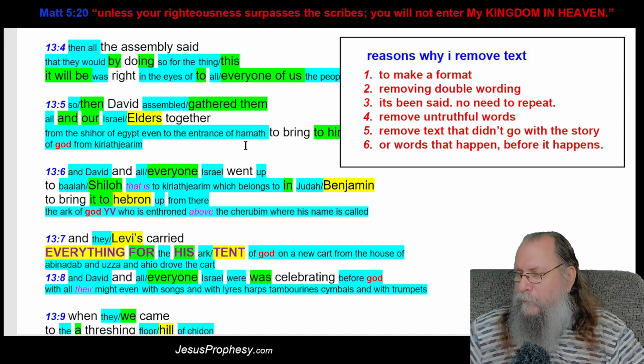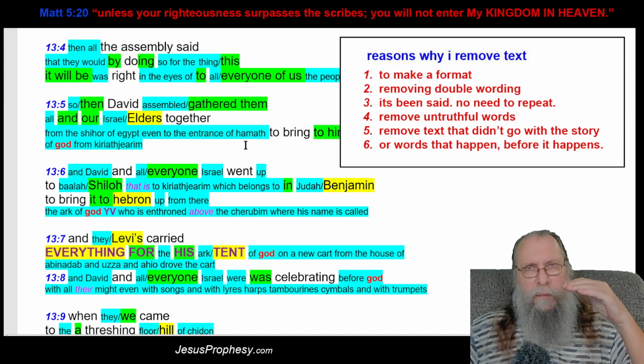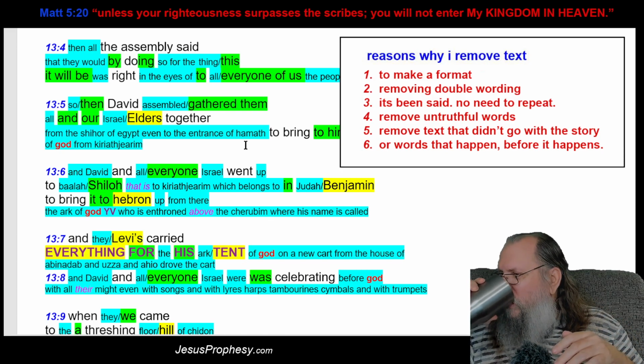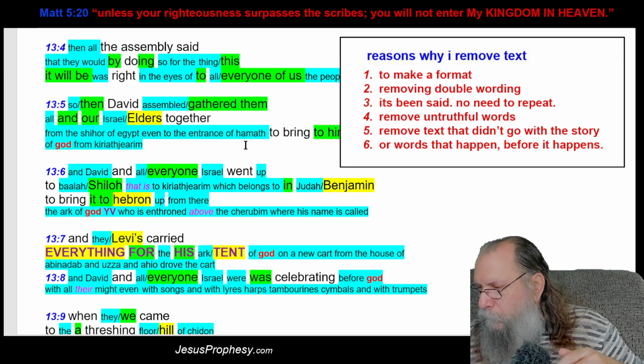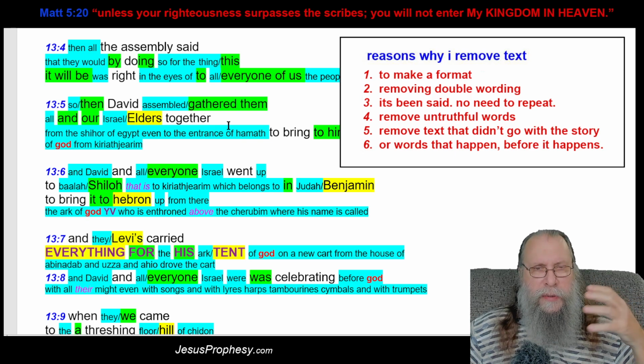But the idea here is there's different hierarchies inside their tribe. And I'm going to use the word elders to say that he grabbed the elders together because they were most important. They're going to bring the tent, not the ark, but the tent.